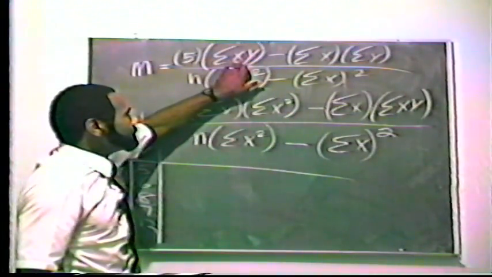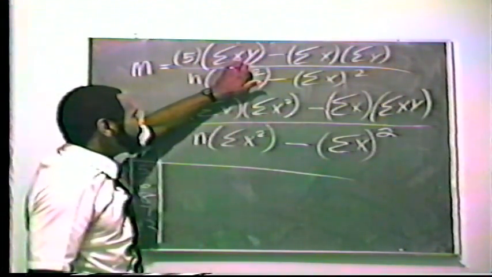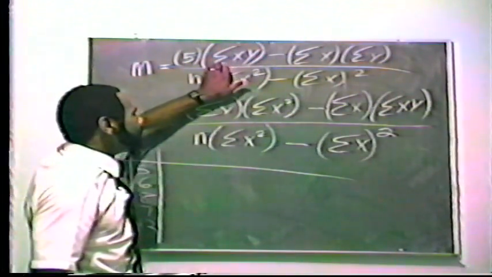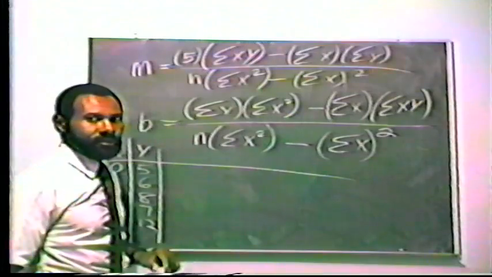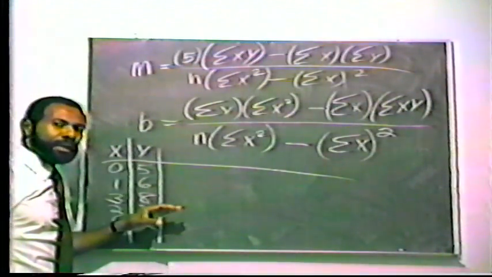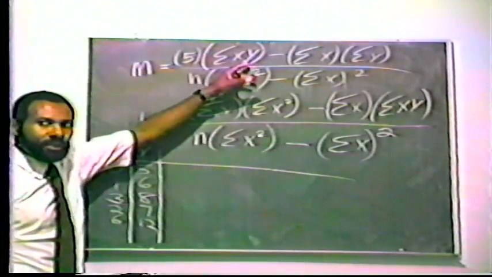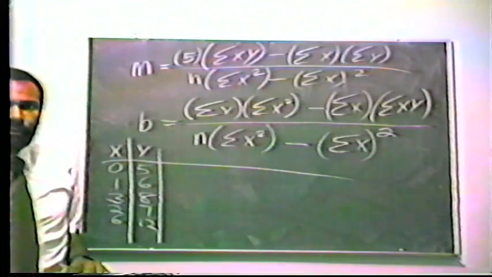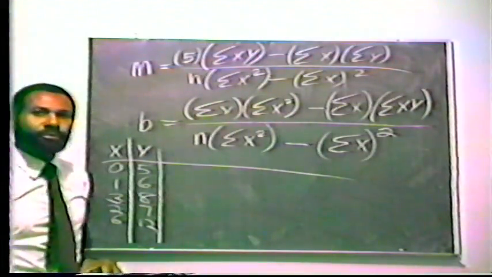This means that first of all, we have to multiply the x times the y, and then we have to sum those products. So we look at the table that we have here. We know we have to multiply the x times the y first, so we have to add another column. We call it the x times y column.